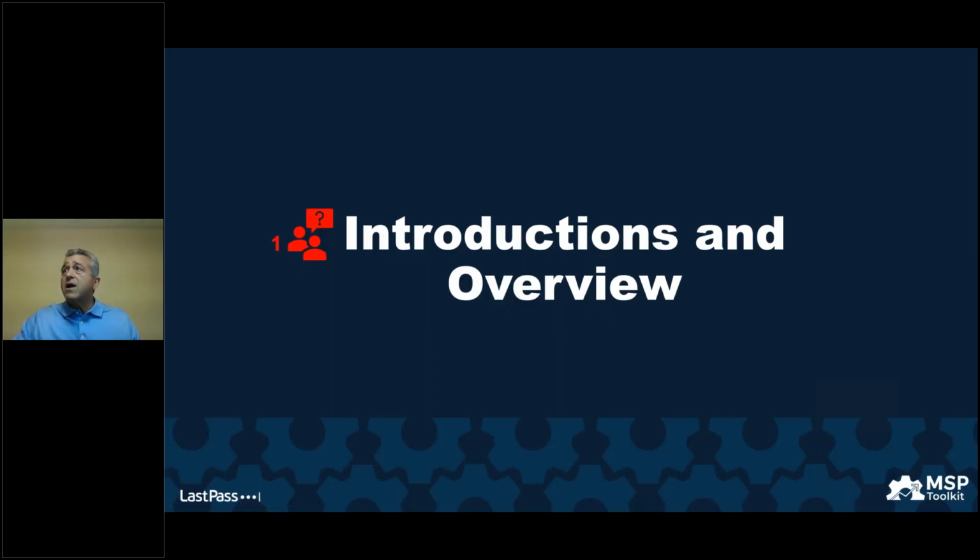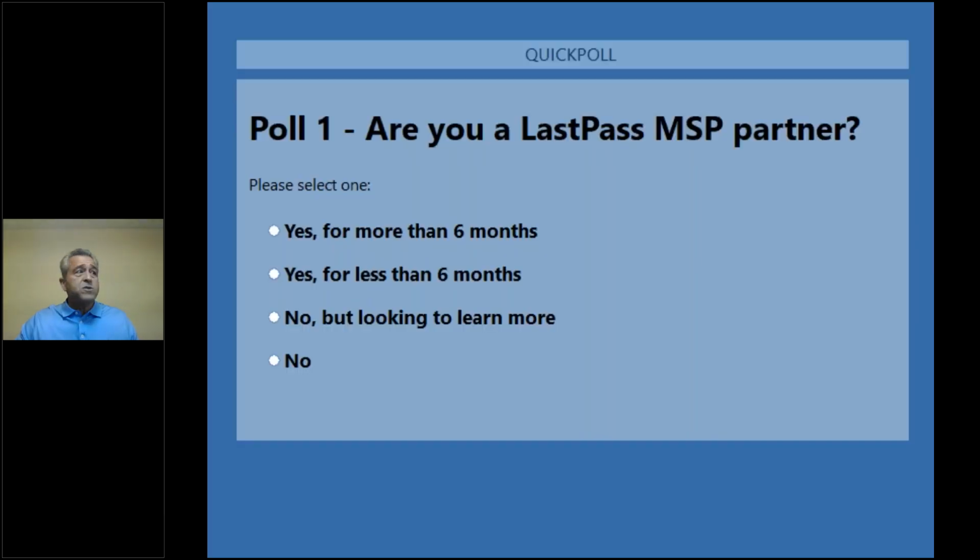I always like to get a gauge of what's going on out there, so who we're talking to. So we're going to start with a polling question. We really want to know, are you a LastPass partner right now? And if not, let us know. But are you here longer than 6 months? That to us would mean you've been through onboarding. Perhaps you missed it. We have definitely seen partners think they can just start and get going, and some are successful, some are not.